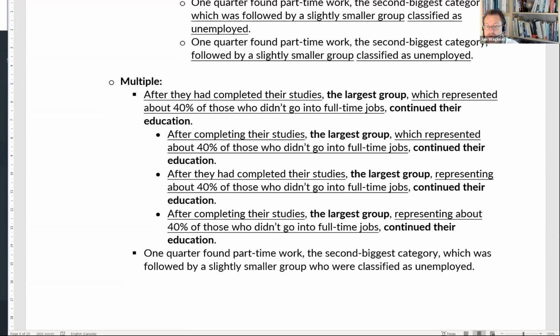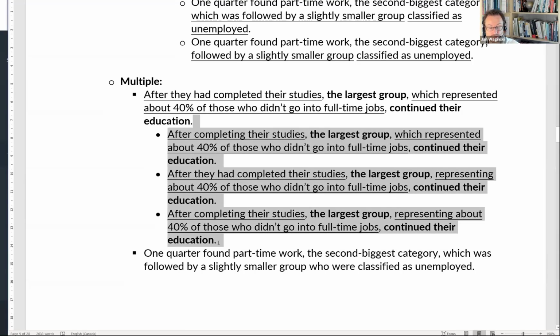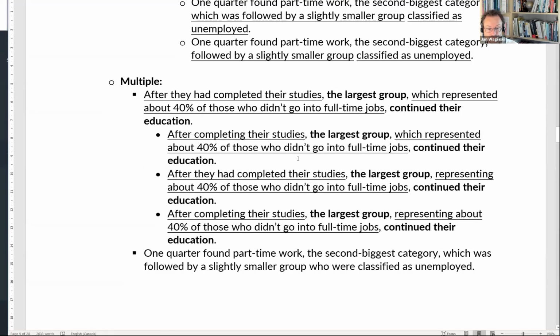Amar. That's right. Okay, so this is about possibilities. If you do this, fantastic. If you do any of these, that's even better because it shows a greater variety of sentence structures. I like participial phrases because the grammar is actually pretty simple. Regardless of the time in here, it just becomes this. Because this is a participle, it's not a verb, so it doesn't really have time information. The time information stays in the independent clause, continued their education. So that's your time information.